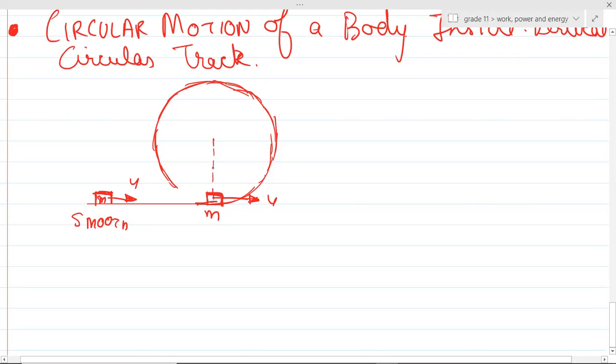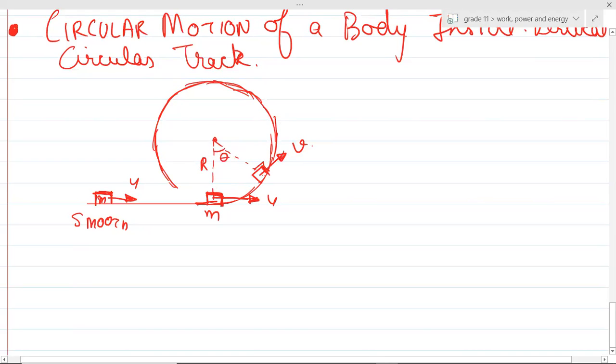So can you see this block is moving inside this circular track? Yes or no? If I assume this body is a point object, then at this particular instant when it reaches an angle theta, it moves with, let's say, a velocity v in this direction, right?